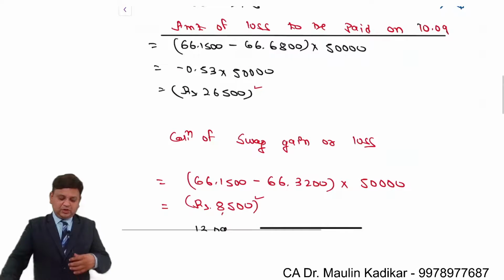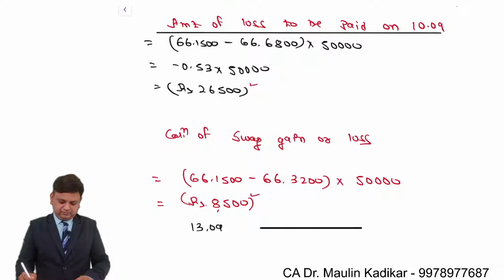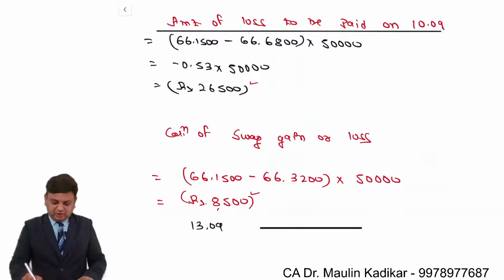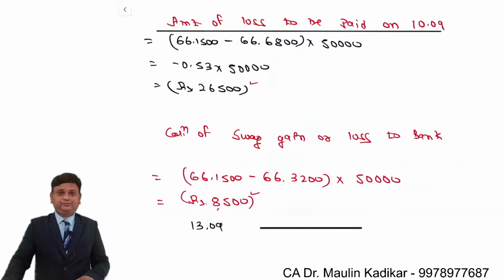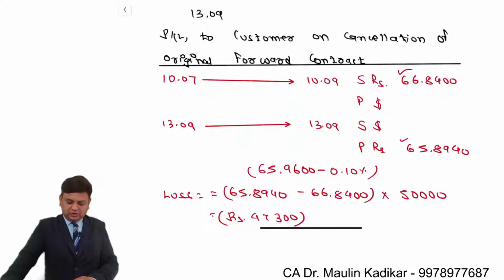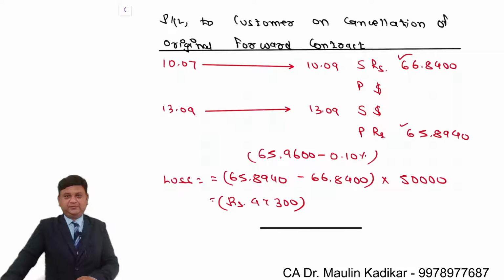The amount of the loss to be paid, of course, by bank on 10th. And then calculation of the swap gain or swap loss to bank. So 13th September, calculate the profit or loss on the cancellation of the original forward contract. Write on that.